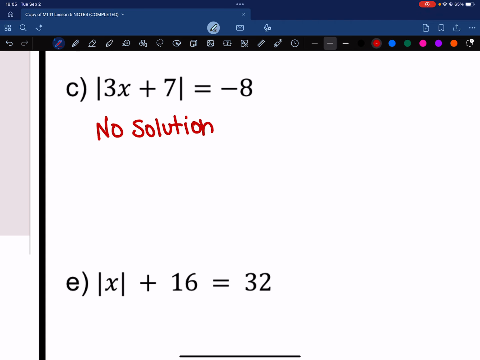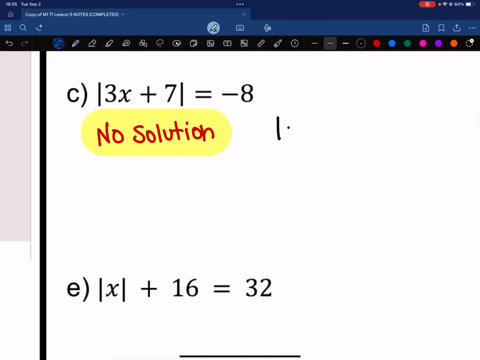Okay, but you have to be careful with that because sometimes you can get a solution from something like this. So an example of what would give us something with a solution even though it's set equal to a negative 8 would be something that maybe looks like this, and we have an additional something over here like this.